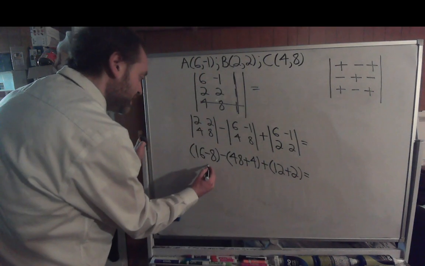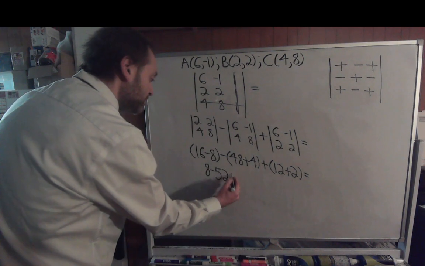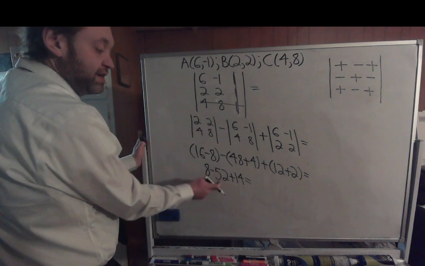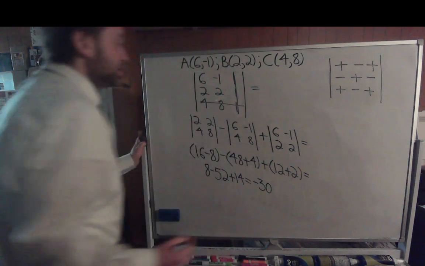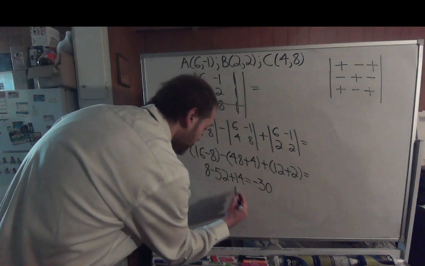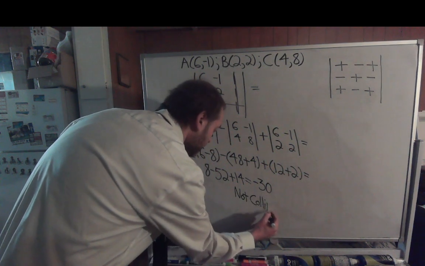This would turn into 8 minus 52 plus 14. 8 minus 52 is -44 plus 14 is -30. Well, my determinant's -30. It's not equal to 0, so these are not collinear. These 3 points are not collinear.